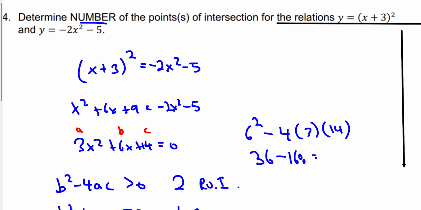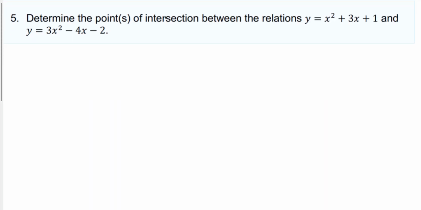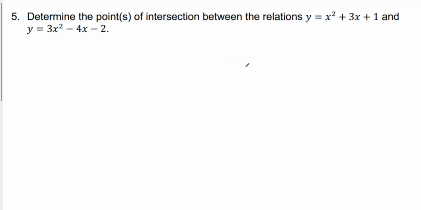So the first line is going to be here. You know what? I'll just use decimals. Let's just use it that way. All right, number 5. Yeah, so same question. So make them equal to each other.